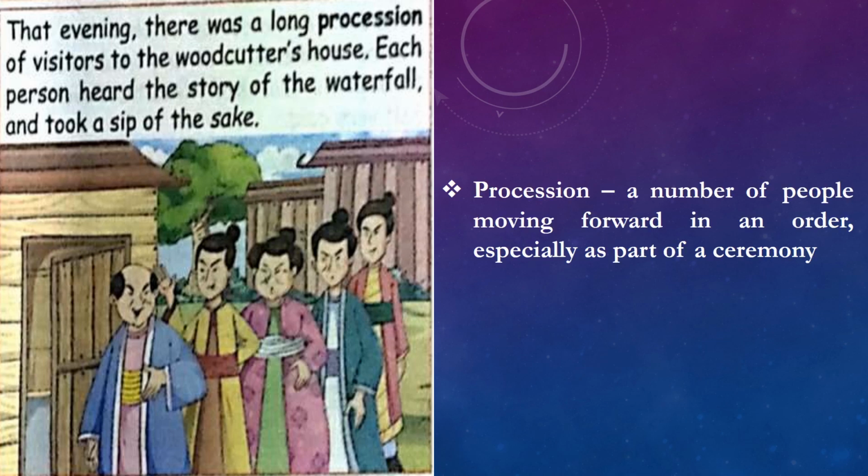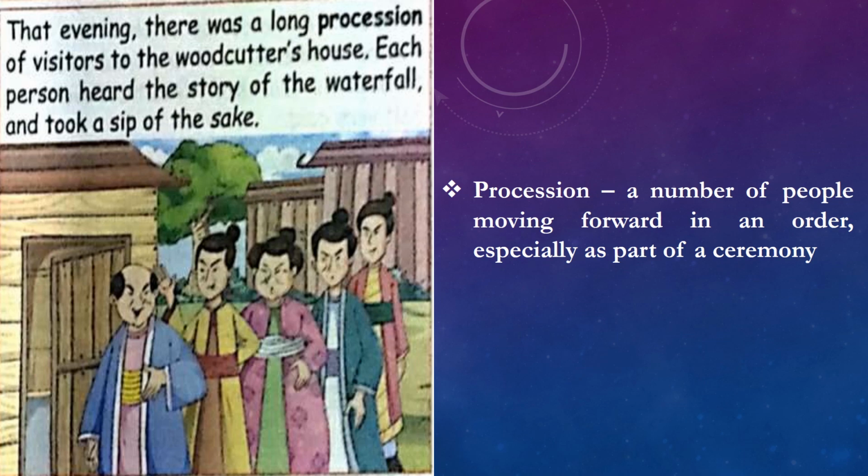Okay, so there was a long procession of visitors to the woodcutter's house. There were many people, visitors were coming over there. Each person heard the story of the waterfall and took a sip of the sake. Okay, so they asked the father where he got the sake, and the father again repeated the story, and everybody got a sip of the sake.